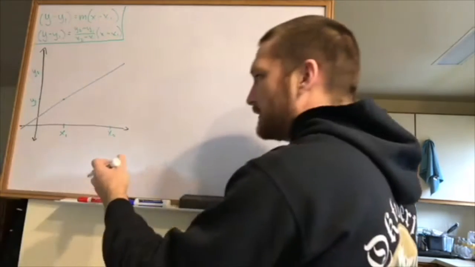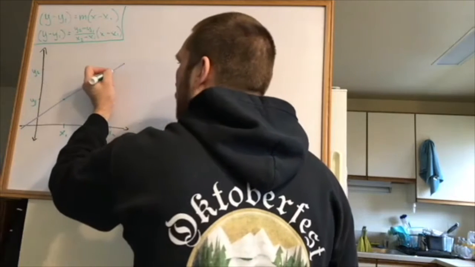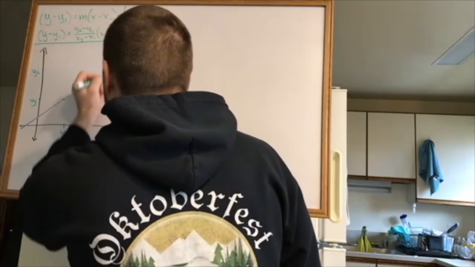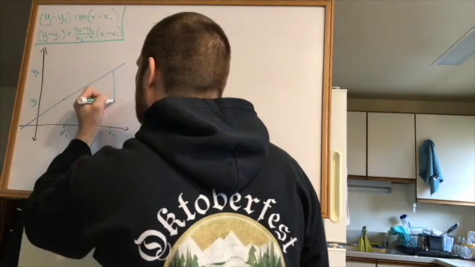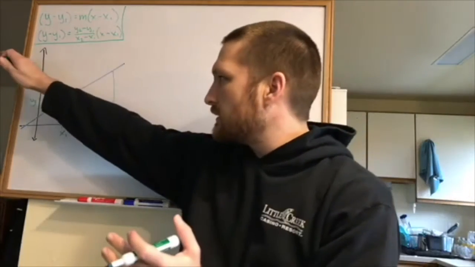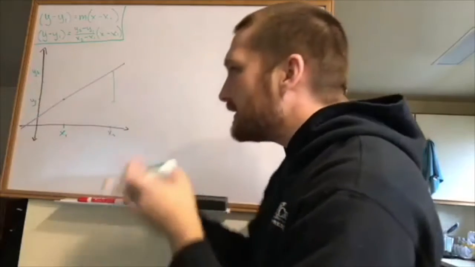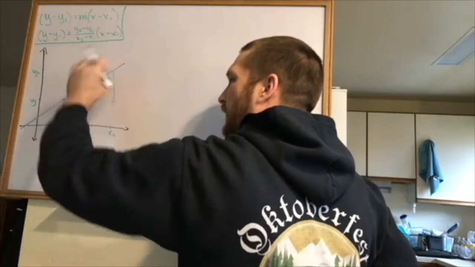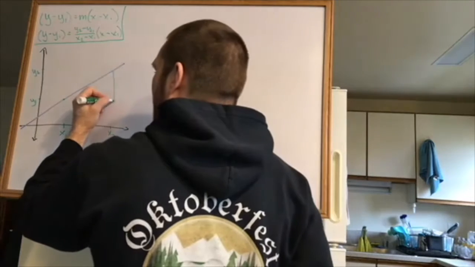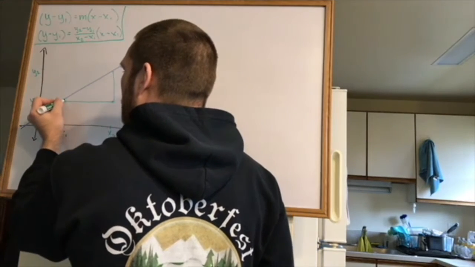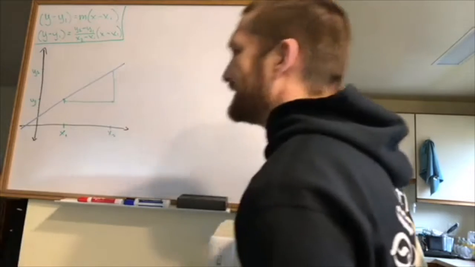Then the rise over the run is how much it increases, the increase in the height or the decrease. I could have drawn it as a downward facing line, and the idea is the same: it's the change in the y direction divided by the change in the x direction. We're just talking about those two distances right there.